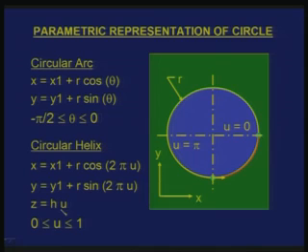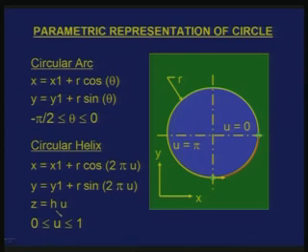That means the curve initially starts lying in an xy plane and slowly moves out of the plane, and it keeps travelling towards the planes z equal to 0 and z equal to other positive values, and the curve ends when u is equal to 1, when the z value is equal to h. So, this can be used to represent, for example, a circular helix.